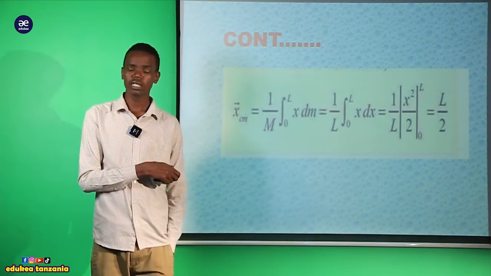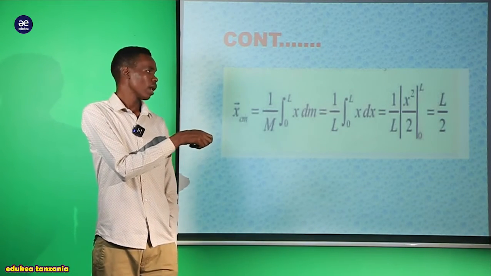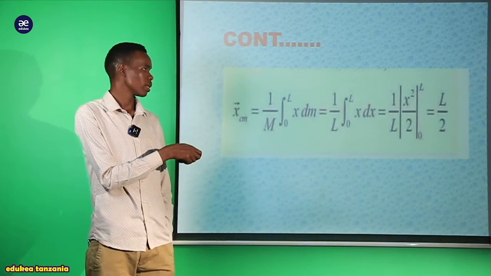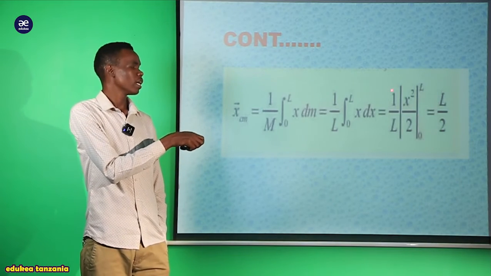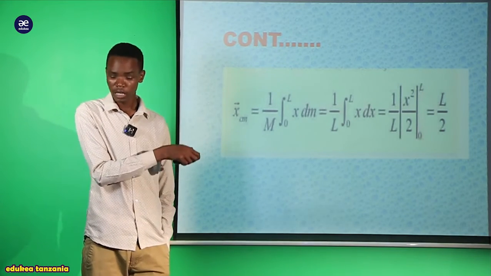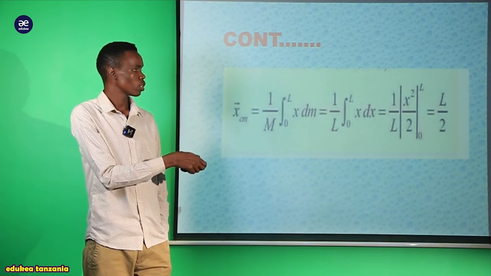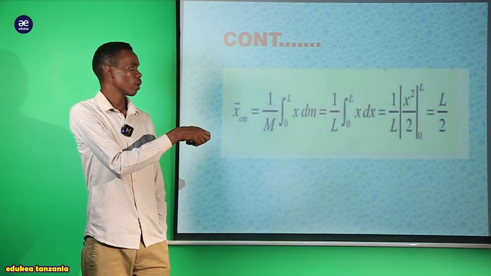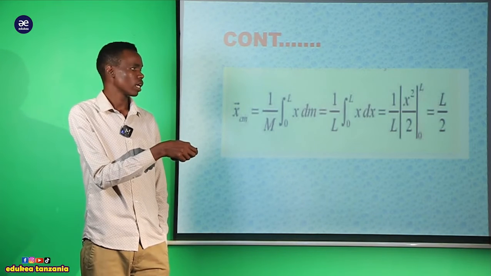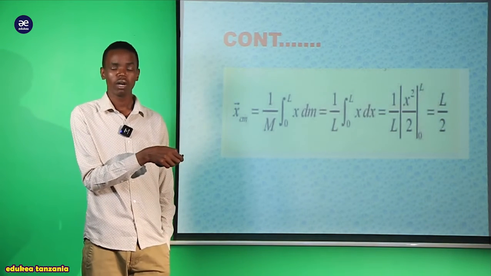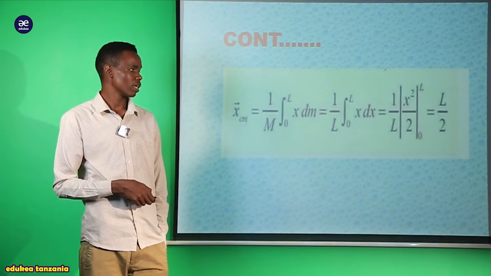If we integrate x with respect to dx, this x should be changed. It means itakuwa ni power ya n jumlisha 1, lakini n ni ngapi? N alikuwa ni 1, divided by n jumlisha 1, lakini n ni 1. Kwa tutapata sasa kumbe ni sawasawa na 1 over L, then those dimension wa x square over 2, lakini kumbuka tuna integrate from 0 to L. It means tutaweka L, itakuwa ni sawa na 1 over L, alafu L square over 2 minus 1 over L, alafu bracket wa 0 square divided by 2.